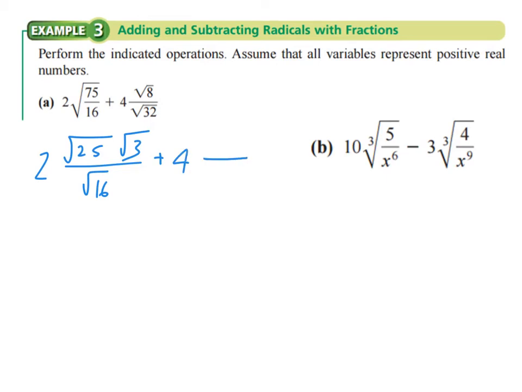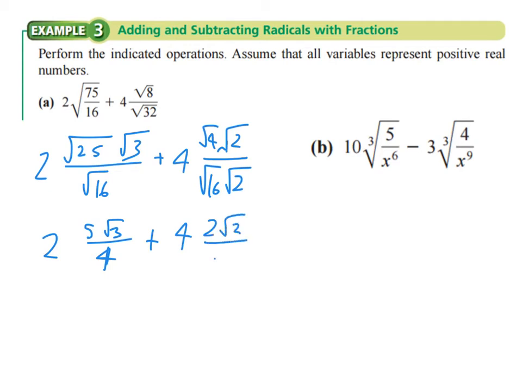With the second part, square root of 8 would be square root of 4 times the square root of 2, and the square root of 32 would be the square root of 16 square root of 2. So we simplify those as much as we can. We get 5 square roots of 3 in our numerator and a 4 in the denominator here. And we get 2 square roots of 2 over 4 square roots of 2.